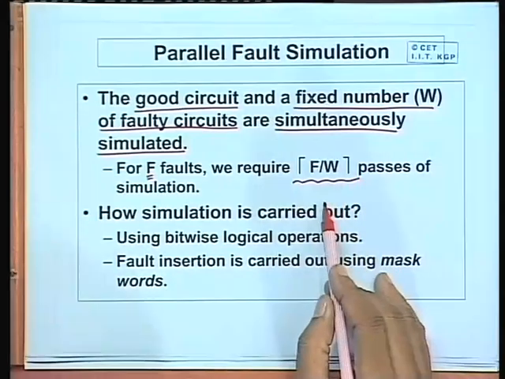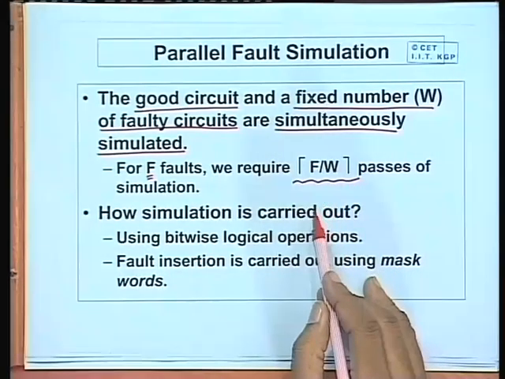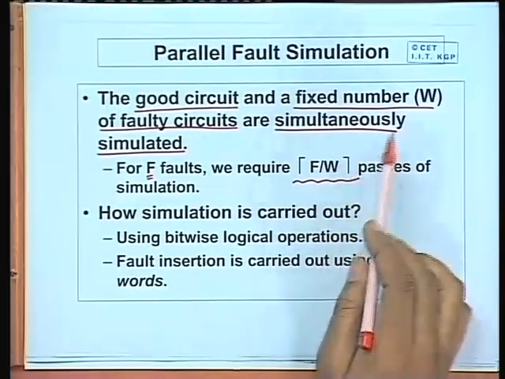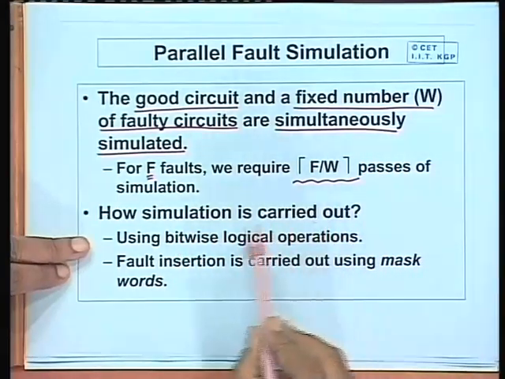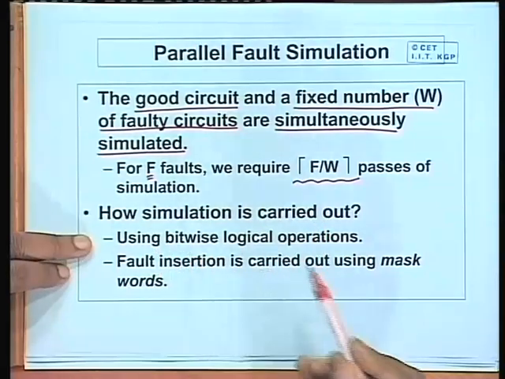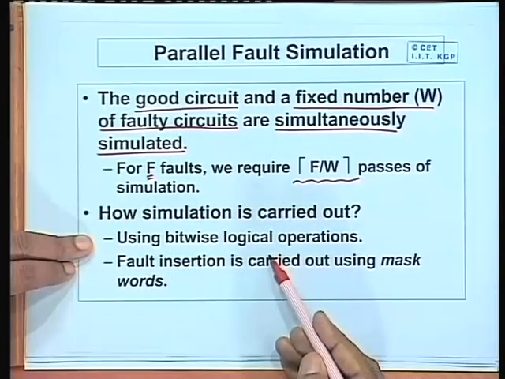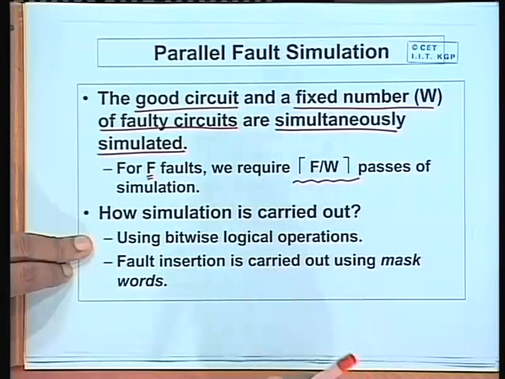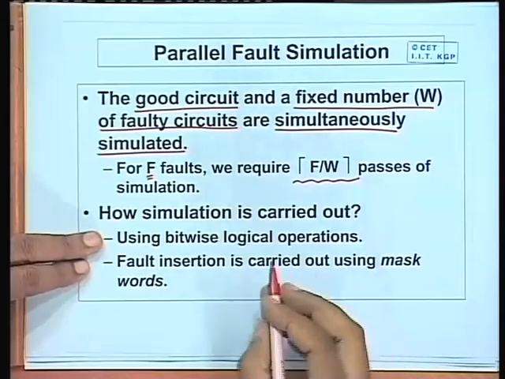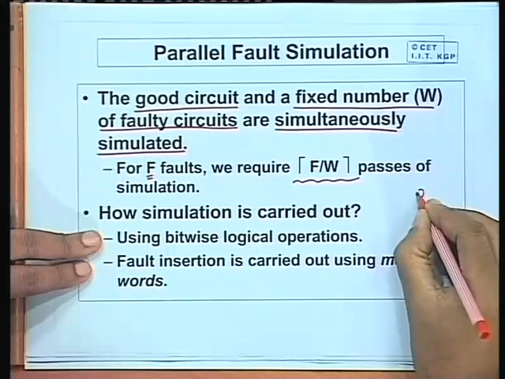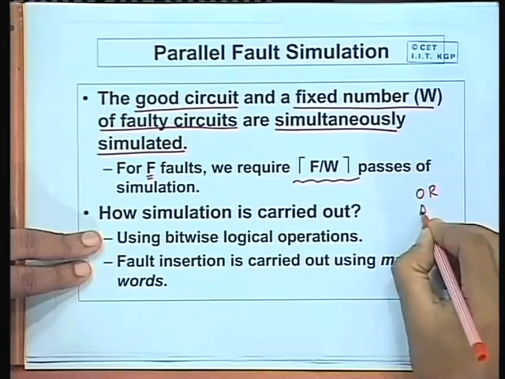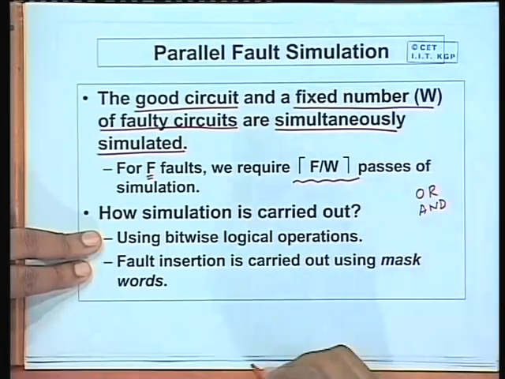Now, how are we simulating this in parallel? See, for this we are utilizing the inherent parallelism that is there in the arithmetic logic unit of the computer. See, the ALU or the instruction set of a computer has instructions like OR, AND, XOR and so on.